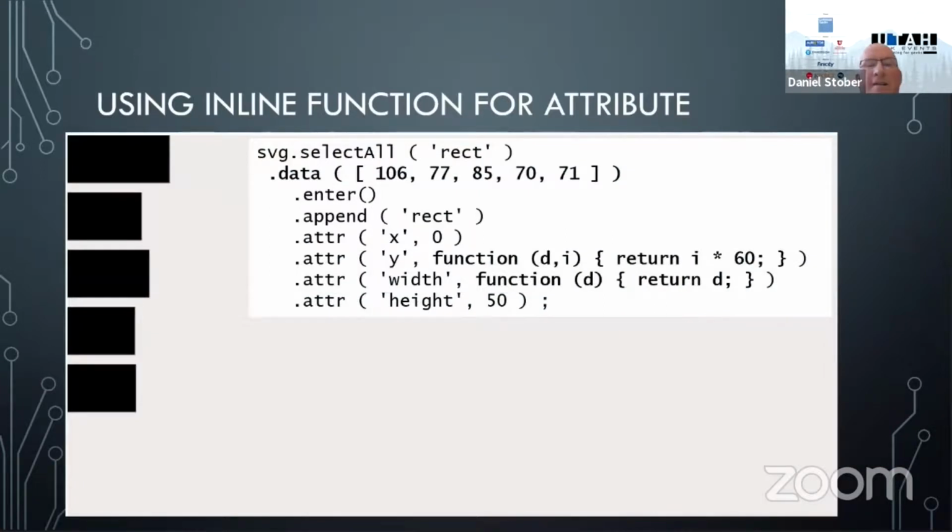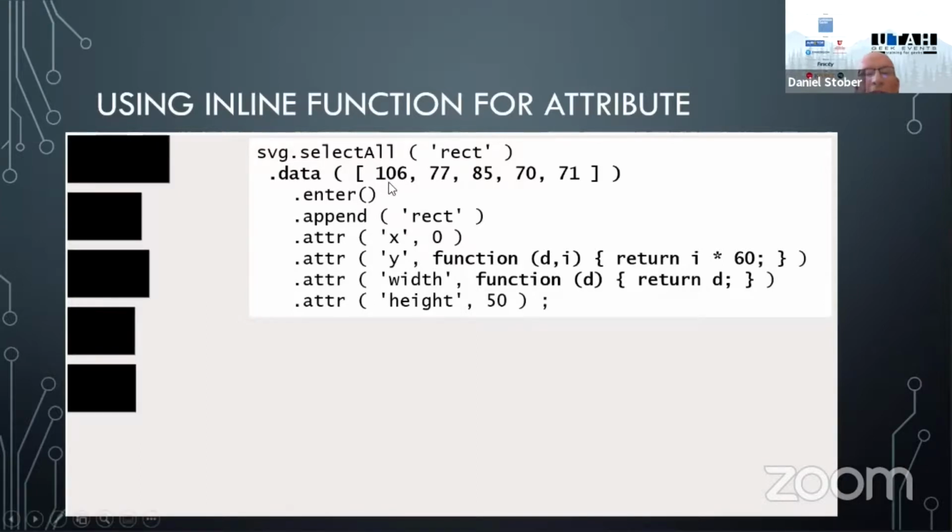Okay, so here's my data set, and here's the changes that I made. So let's start with the width one. We see that in width, instead of having 350, I've now inserted the inline function there. And so where it previously had said 350, it now says function D, and then in curly braces, I have return D and then a semicolon.